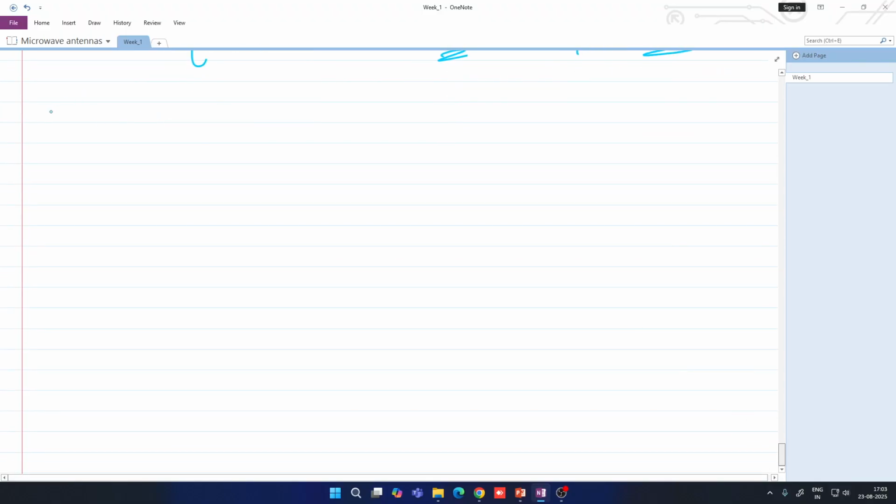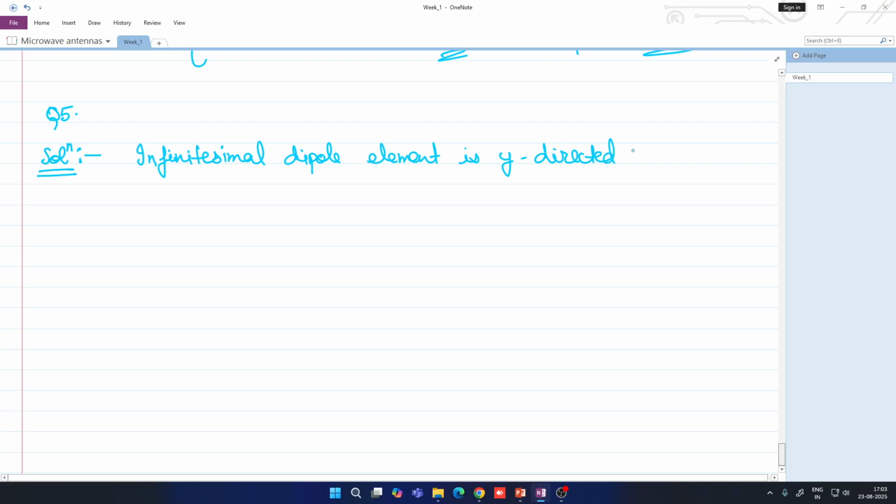Now we will solve question number 5. An infinitesimal dipole or Hertzian dipole, both are the same thing. The infinitesimal dipole element is y-directed, so we need the magnetic vector potential. It's an MCQ.